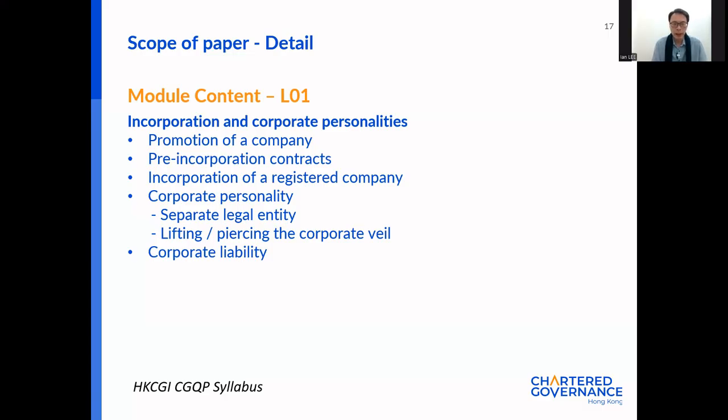So, okay, then proper incorporation of a registered company, of course, you must make sure you follow all the procedures and requirements as stated in the Companies Ordinance and procedures and guidelines provided by the CR, okay? So in most cases, you will need to fill in an incorporation form. You need to clearly identify who are the directors and who are the founder members.